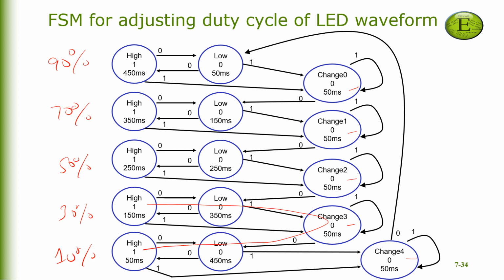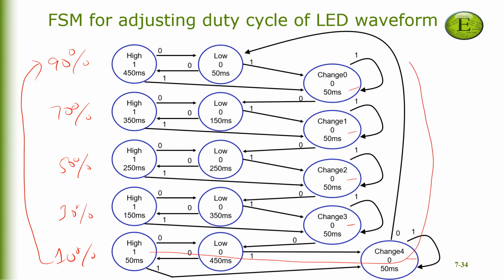And then to go from 10% to 90%, we're going to follow this route all the way up here. Again, depending upon whether the switch has been pressed and released afterwards.